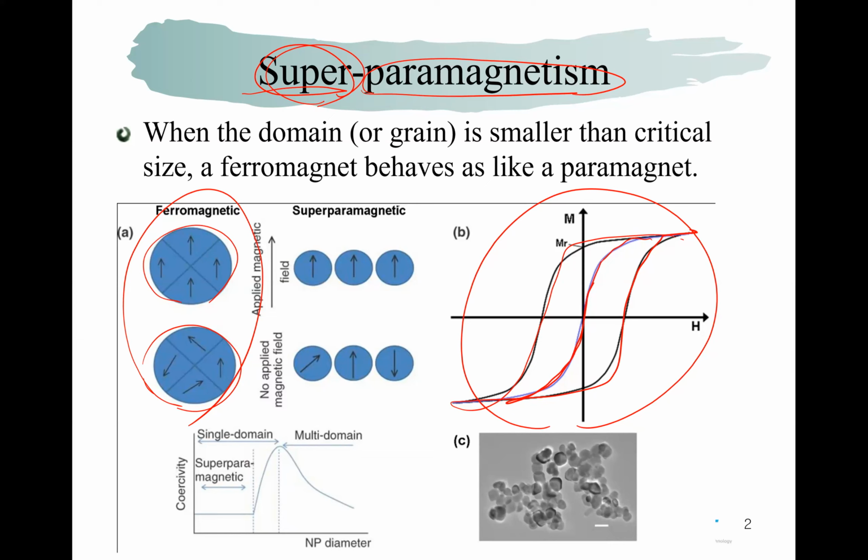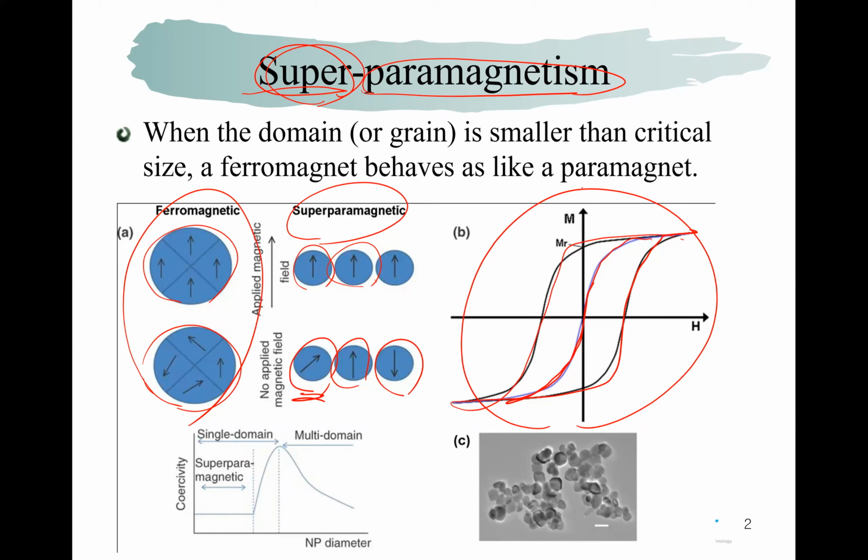But the big difference between the superparamagnet and the paramagnetic material is that in a paramagnetic material, the atomic spins are random, orienting in random directions. In a superparamagnet, they behave like a single domain. The magnetization inside this particle is collinear. This particle is on the order of 10 nanometers, which means we have millions of spins pointing together.